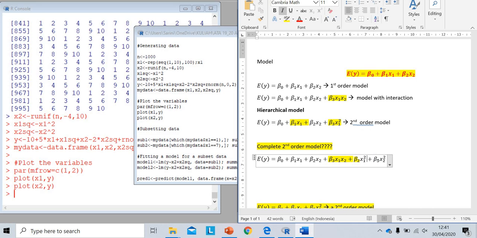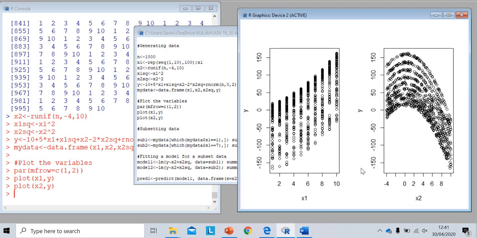Okay, so that's what we mean by the complete second order model. So all the quadratic terms are there, the interaction term is also there, and also the first order terms. Okay, do we need to put it like that?